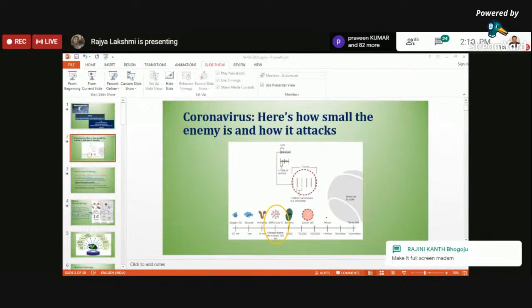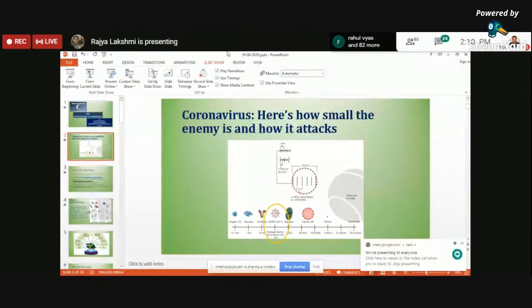Still other slides are showing. Yes, we are seeing your next slides also on the left side.